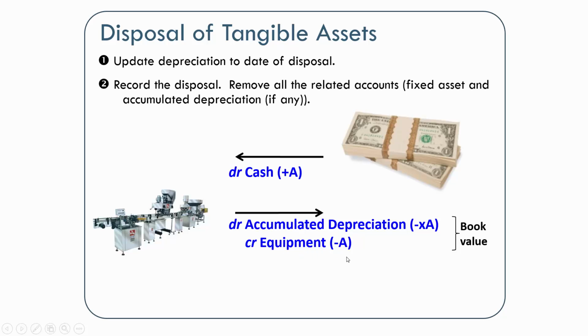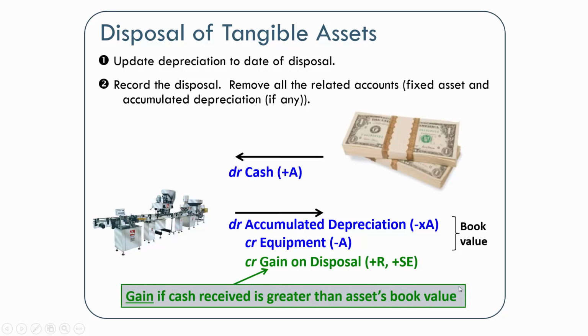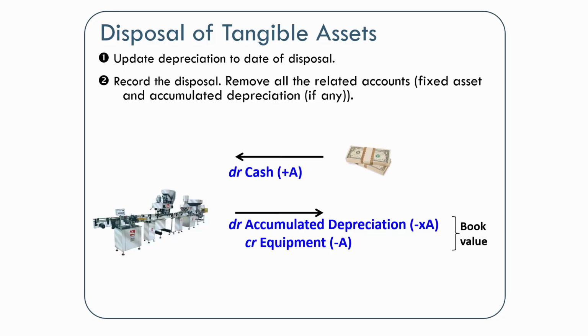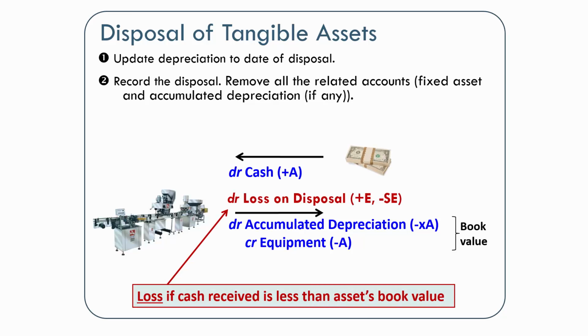And it's obvious to you probably that sometimes the cash we get in is not going to be equal to the balances in our accounts. So then what we do is record either a gain or a loss to make it all balance.